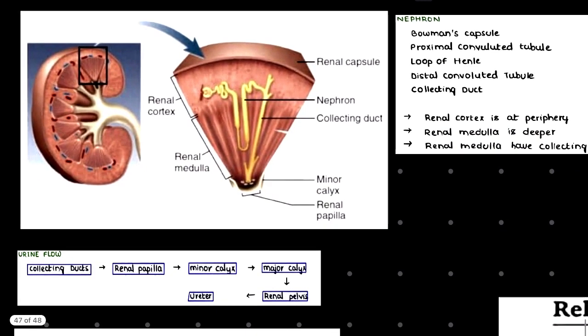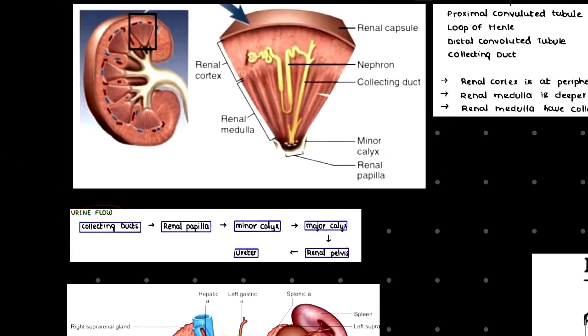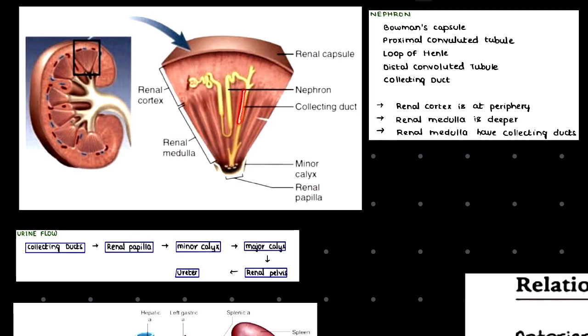Now talking about the flow of urine, right? What is going on is that our collecting duct will pass the urine to our renal papillae, as you can see right here. This renal papilla will collect the urine to our minor calyx, and this minor calyx will collect it to our major calyx.